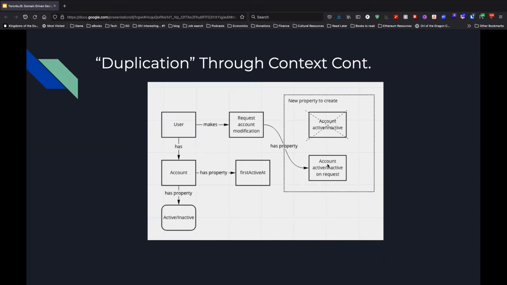And that's different from the active and inactive property of the account. The difference is that the account can be made active and inactive multiple times throughout its lifetime. So it's kind of like a modifiable flag of some sort, you can think. On the other hand, this property cannot be modified once it's created. There's just no way. It's just for informational purposes.